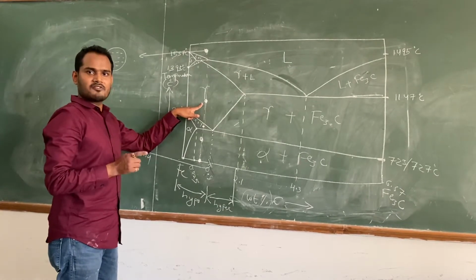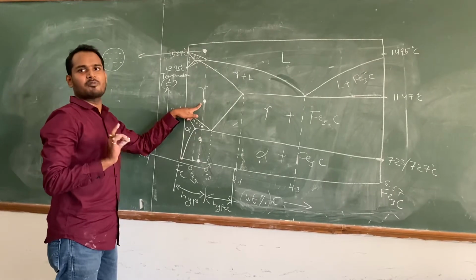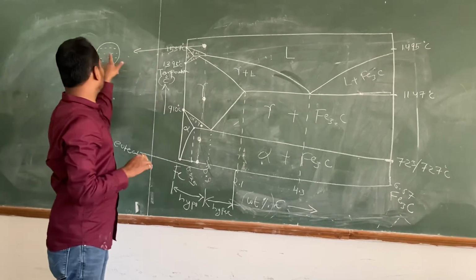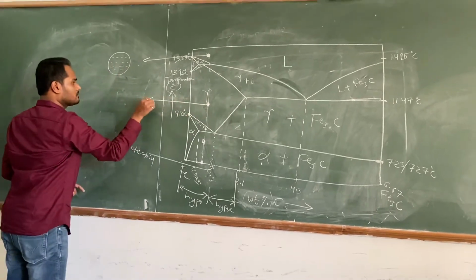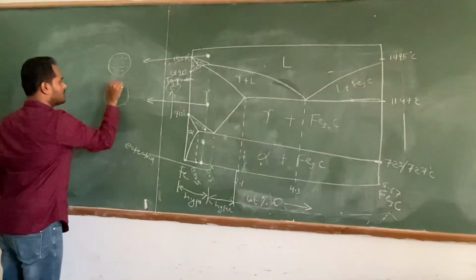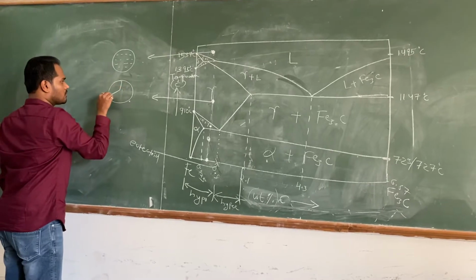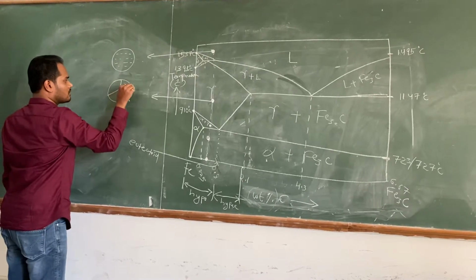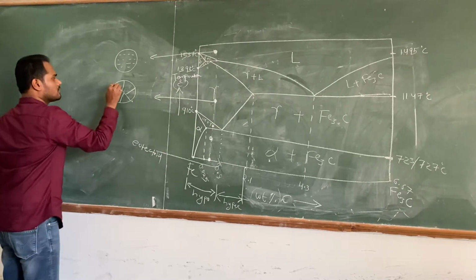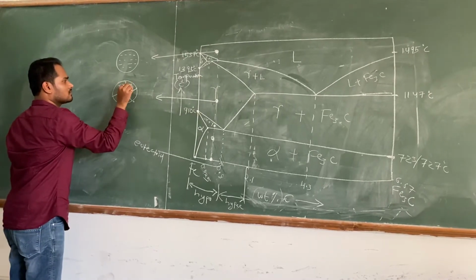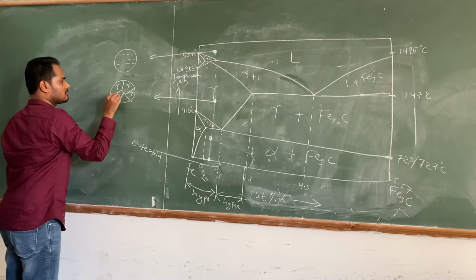If it is a single phase, we have only grain and grain boundary. So from liquid, this kind of microstructure will change into, I will draw a circle, like this. It is okay? So I have only grain and grain boundary. You can say this is gamma or austenite.